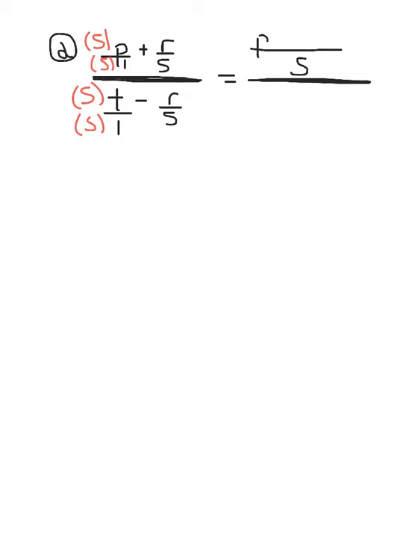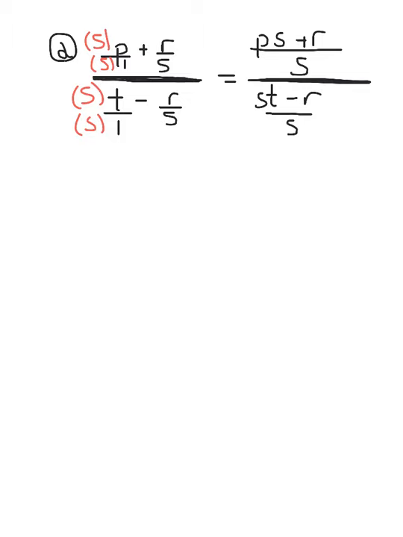So I'm going to go ps plus r. And then in the denominator, we will also, oops, let me put my pen on there. In the denominator, we're also going to have a common denominator of s. And then in the numerator, st minus r.